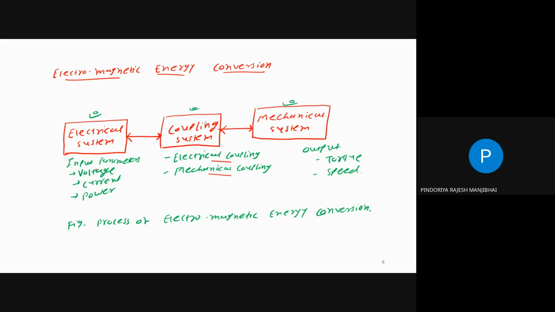So this is the overall electromagnetic energy conversion process. Okay. Now I am coming back to the energy relationship. This point I will cover next. Now, energy relationship. Correct.